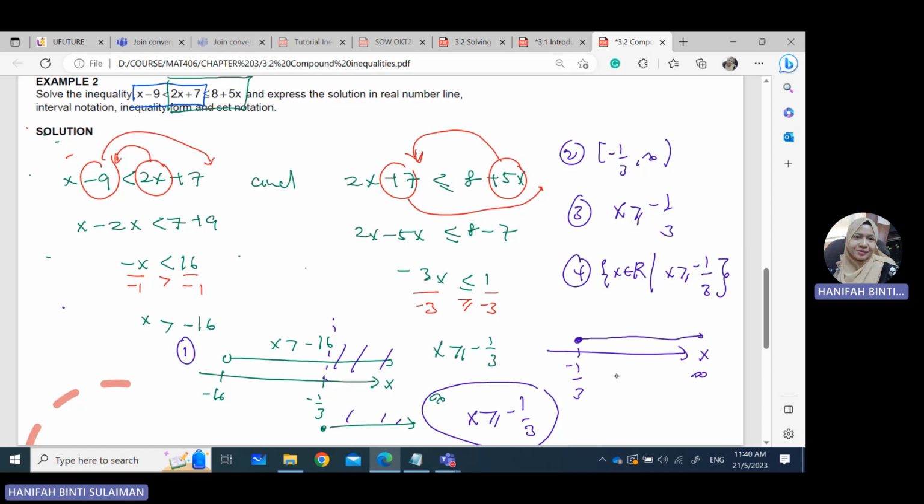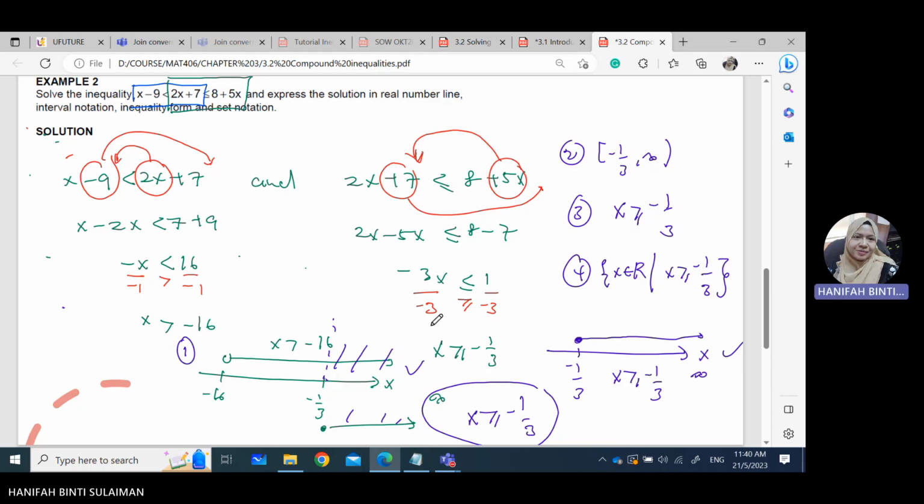So X is always greater than or equal to negative 1 over 3. Kalau dalam exam nak bagi jawapan number line dalam bentuk macam ni, kita terima. Dalam ni pun kita terima. Ada masalah? Janji betul. Kalau salah, salah lah. Okay. So this one is a linear inequality.